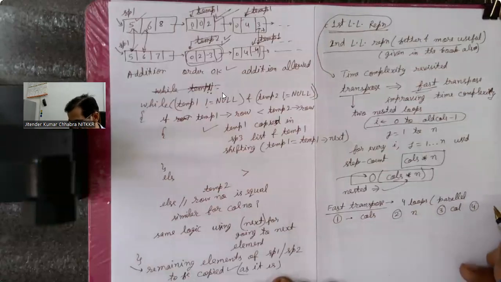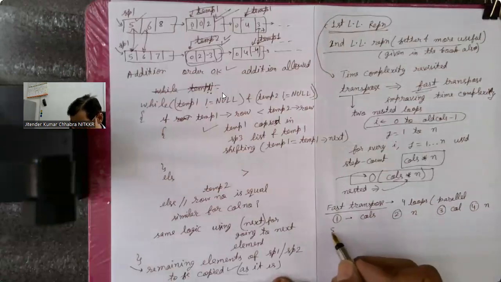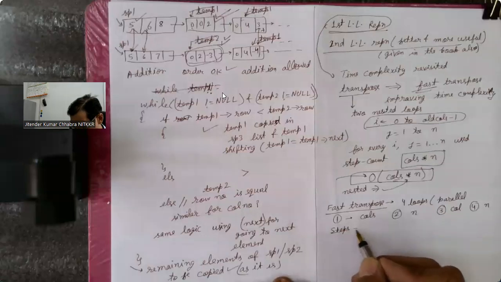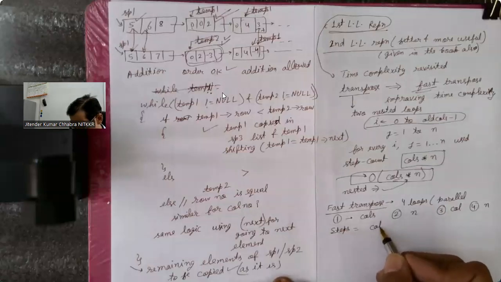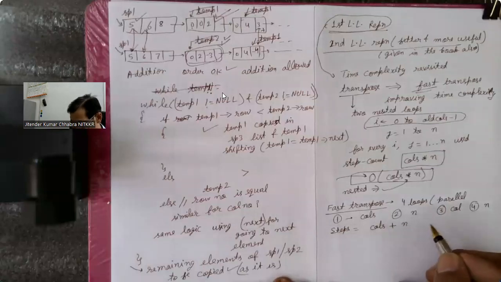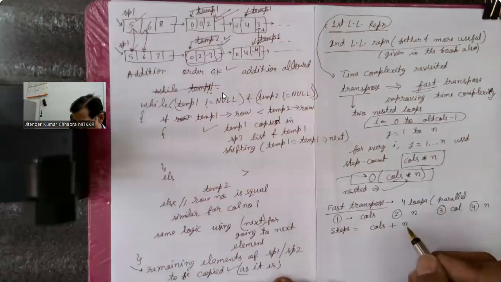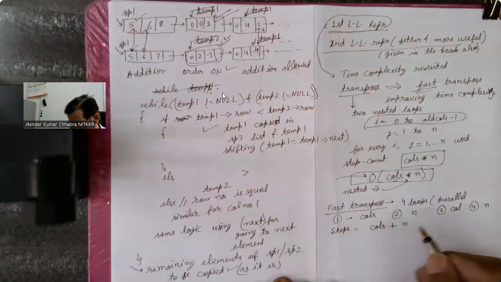And the fourth loop, where corresponding entries were shifted, again executed n or n plus 1 times. Total steps, if I count, will approximately be the number of times the first loop executed, but after that there is no nesting, so the second loop will have these many steps extra. If within one statement there are two statements, it is 2n, but in terms of big O complexity, it will remain more or less the same.